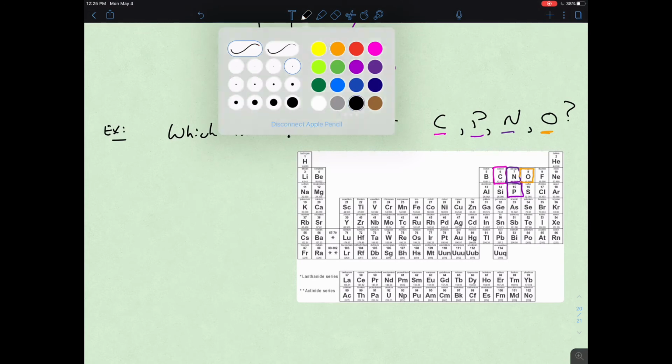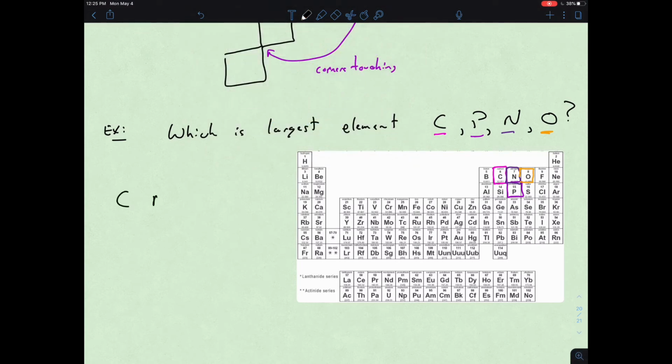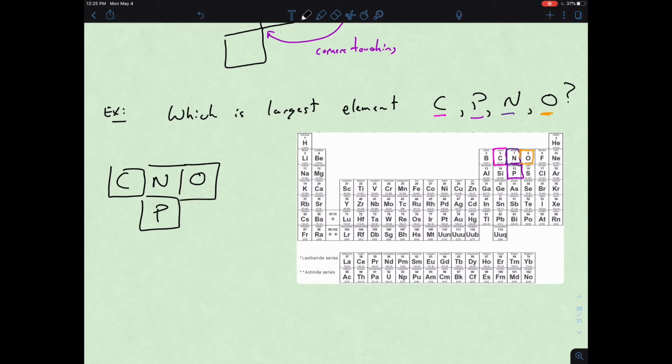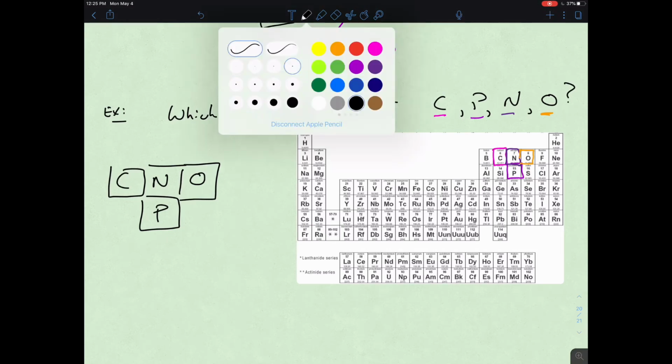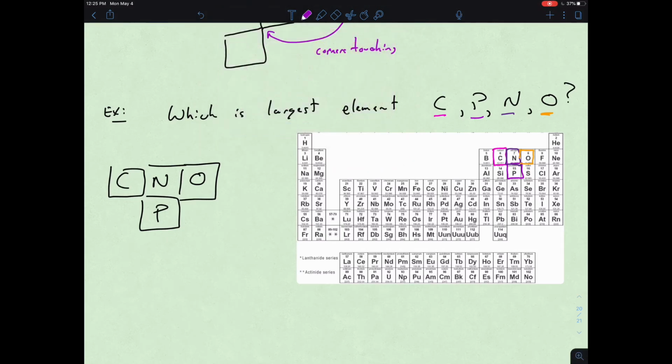So if we were to maybe expand on that, this is what we are seeing over there. According to our trend, as far as size goes, we know that atomic size decreases in this manner.